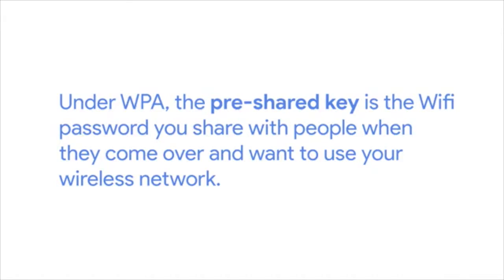Under WPA, the pre-shared key is the Wi-Fi password you share with people when they come over and want to use your wireless network. This is not directly used to encrypt traffic. It's used as a factor to derive the encryption key. The passphrase is fed into the PBKDF2, or Password-Based Key Derivation Function 2, along with the Wi-Fi network's SSID as a salt.